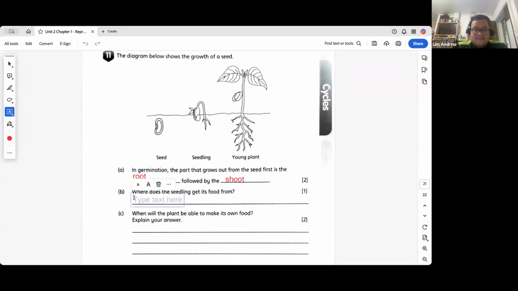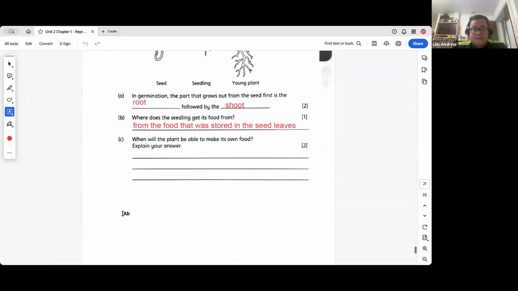So where does the seedling get its food from? It gets its food from the food that was stored in the seed leaves, all right? When will the plant be able to make its own food?